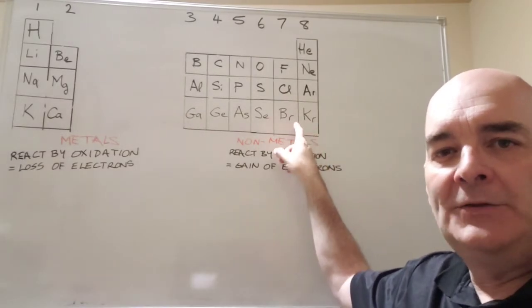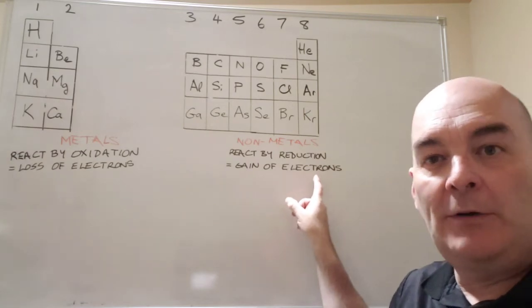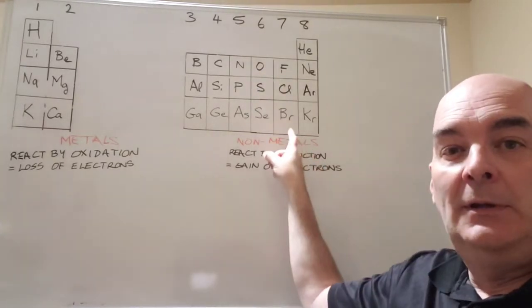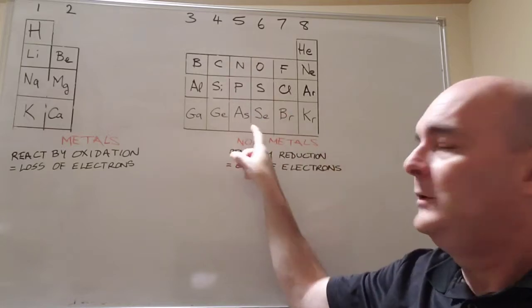But the other non-metals, like in group 7, well, they're going to reduce by gaining 1 electron. If you're in group 6, you gain 2 electrons. And if you're in group 5, you gain 3.